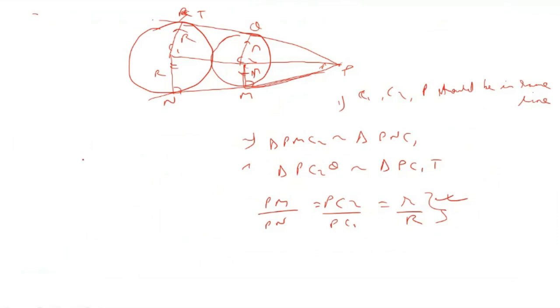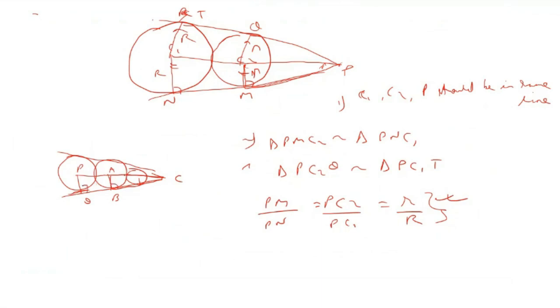Even if you have three circles here, for example, you have this, this, right? So if you take two at a time, that similarity will also work. For example, if you take these two, so this triangle, let me name this ABC, will be similar to PQC, again because of the radius tangent 90 degrees setup.